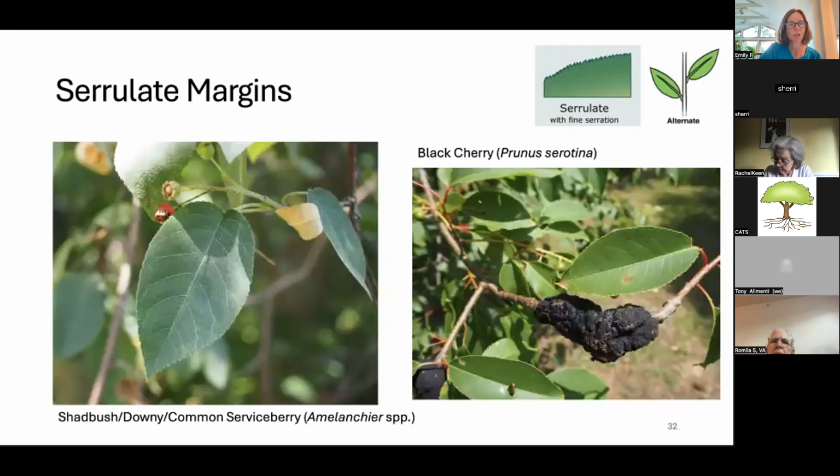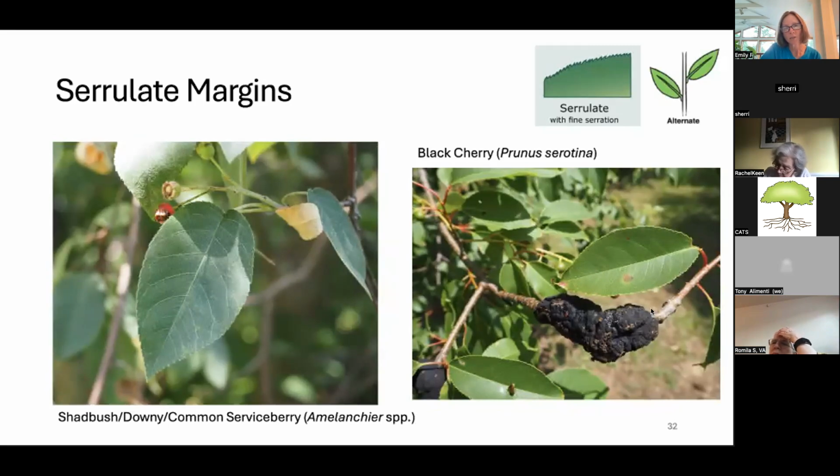Our next serrulate margins are going to be in the serviceberry and black cherry. This serviceberry is already starting to form fruit this year, and you can see these little tiny serrulate edges on the piece here. And then we have the black cherry with the same serrulate edge here.